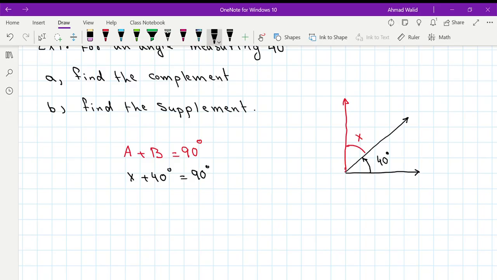Immediately you can see a basic linear equation that maybe you saw even in grade 5 or 6 of school, correct? A one step linear equation. To find the value of X, we subtract 40 degrees from both sides.